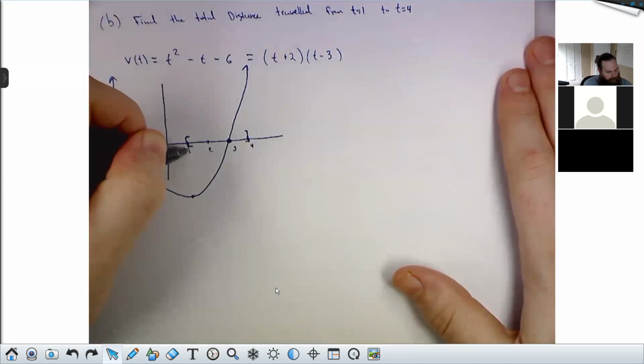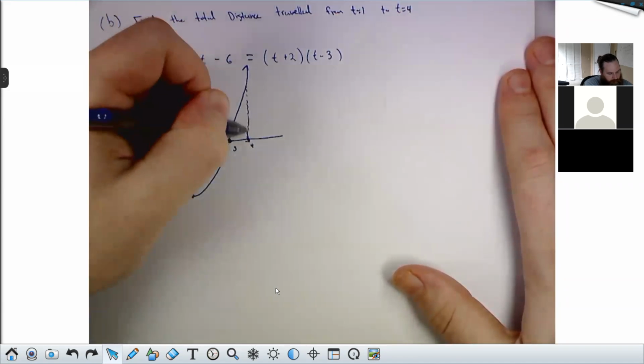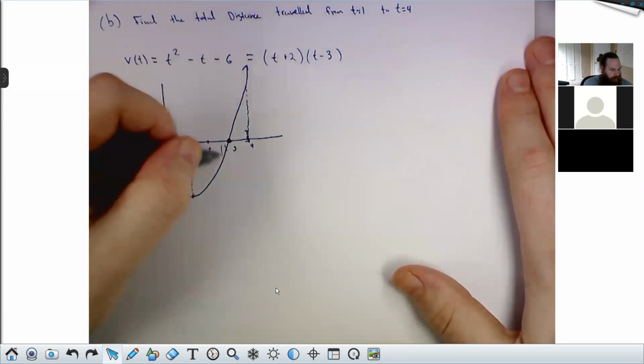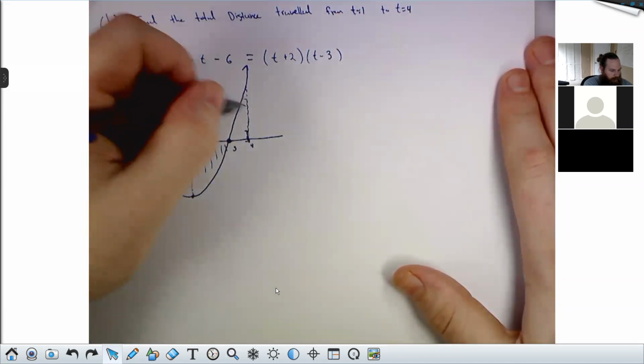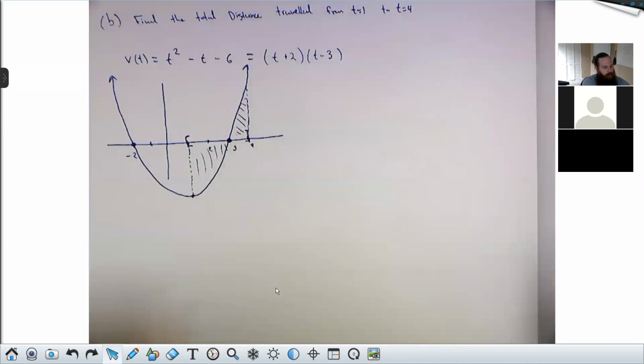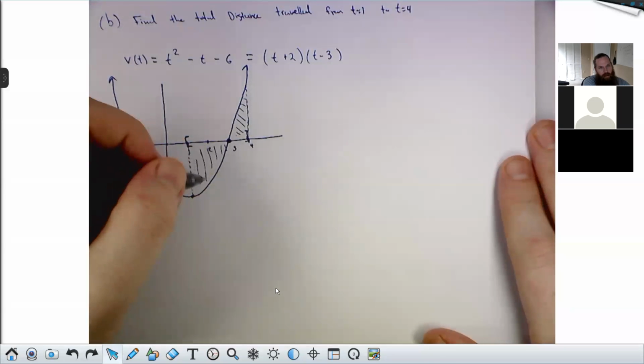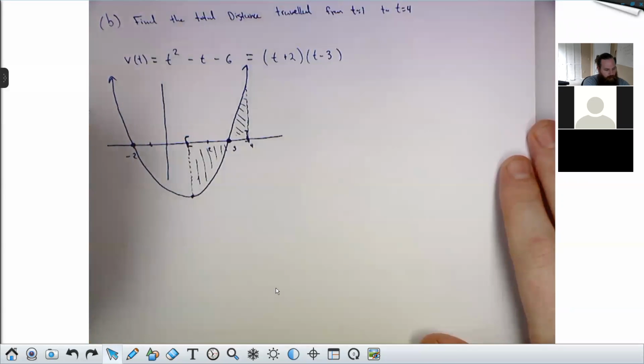So sometimes he's negative, and sometimes he's positive. And the total distance is the total area here. And I need to make sure that I'm not counting this area down here as negative, which the regular integral would.